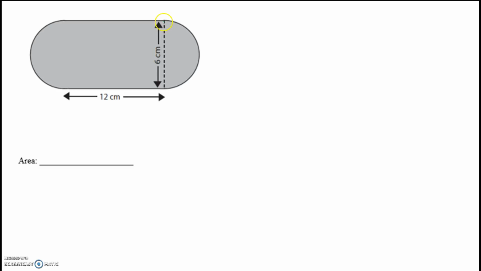So I already look here, and it's already showing me that there's a semicircle here on the end. And I see another one over here. Okay, so in the middle here is a rectangle. So I have a rectangle here in the middle.